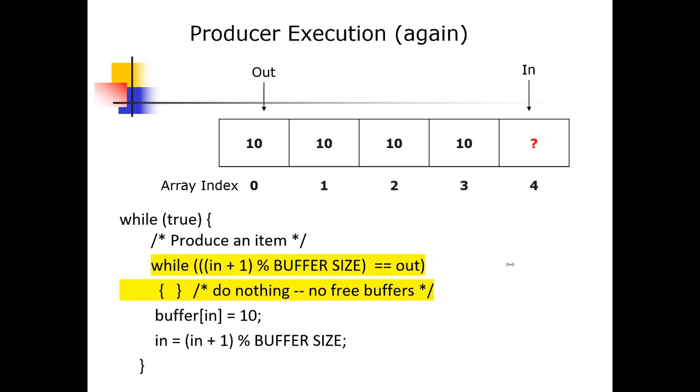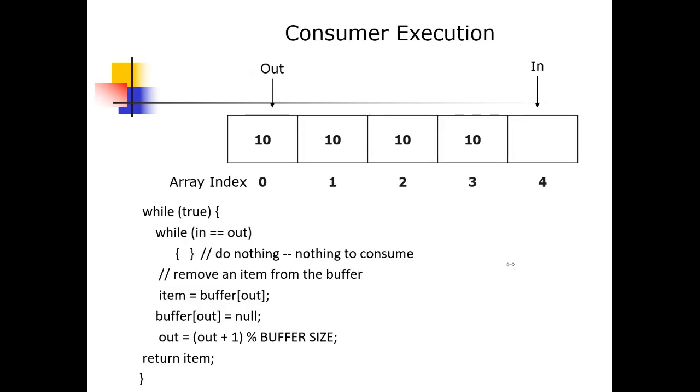Now let's look at the consumer. So now what is the output of the consumer? Now you know how to run the sequence of instructions, right? So tell me what happens on the consumer.